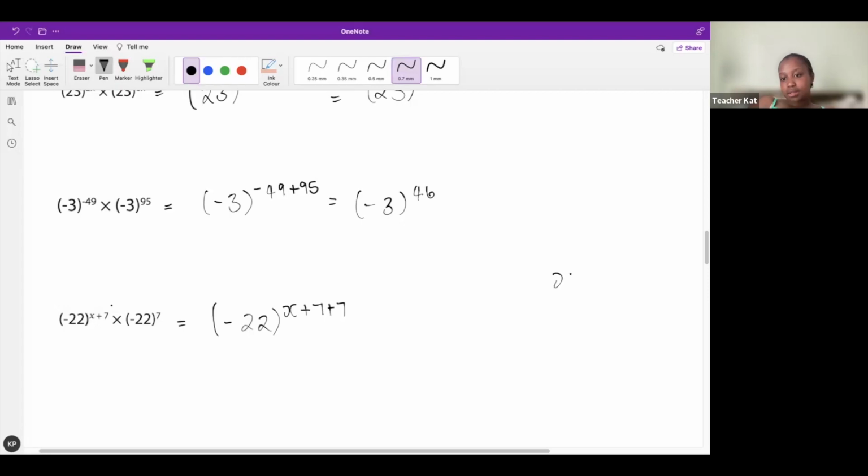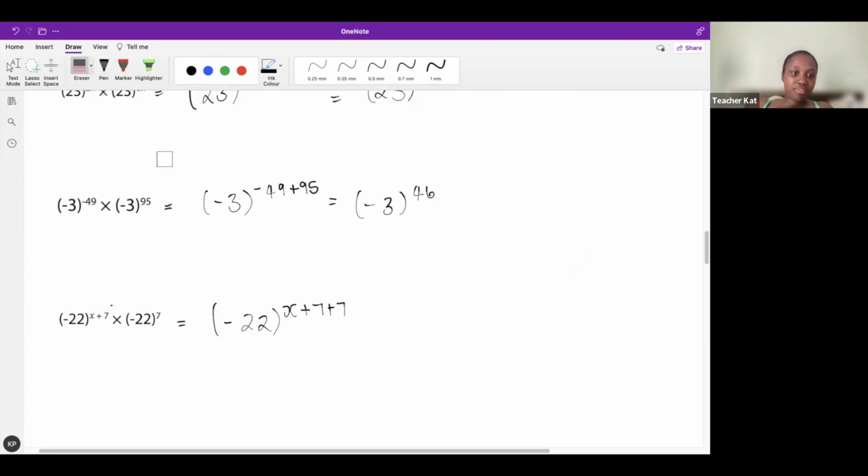Remember, x plus 7 is not the same as 7x. 7x means what, guys? 7x means 7 times x, which is not what we're saying. We're saying 7 plus x.